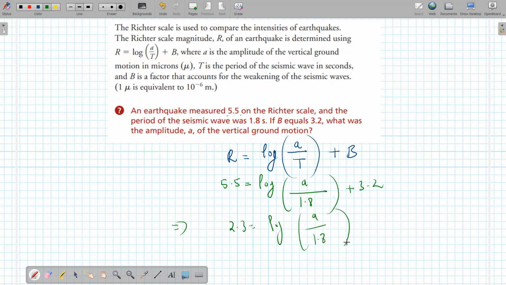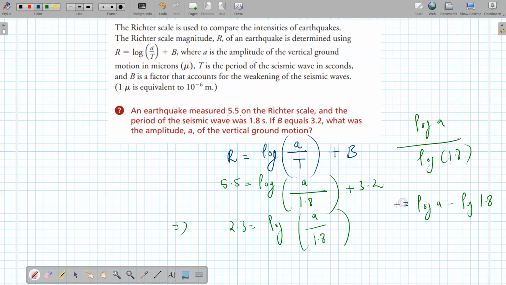Do you open the bracket? Okay, if you open the bracket, what would it become? Does it become log A over log 1.8, or does it become log A minus log of 1.8? The second one. Yeah, you could open the bracket.